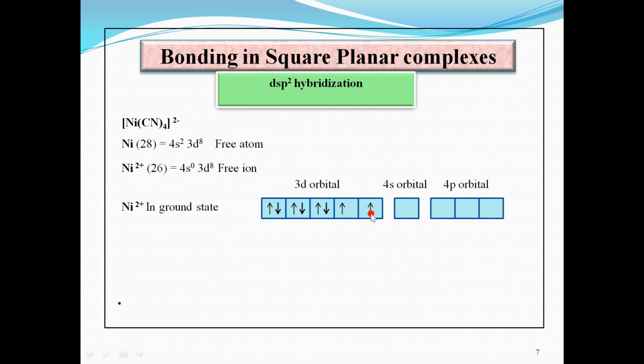We need 5 remaining orbitals for the occupation of the electrons of the four cyanide ions. Here the electrons of nickel 2 plus will pair up in the previous d orbitals, making one orbital vacant for the electrons of the cyanide ions.